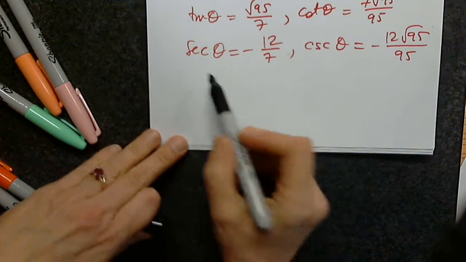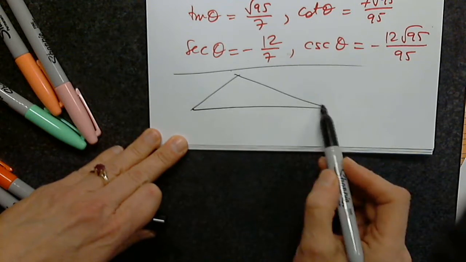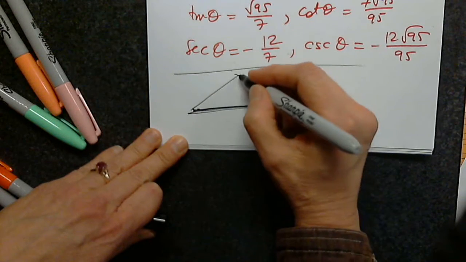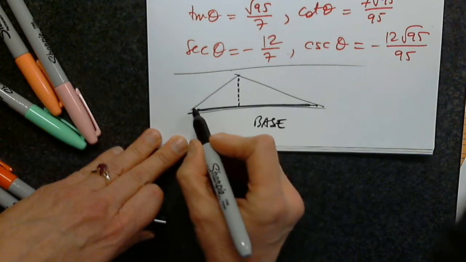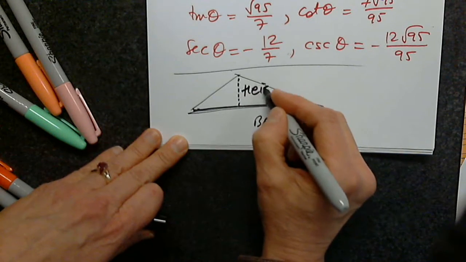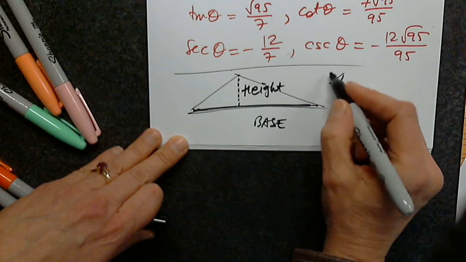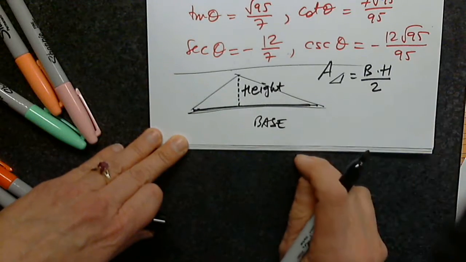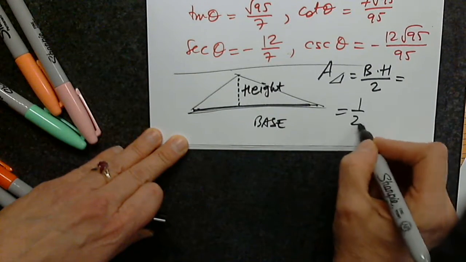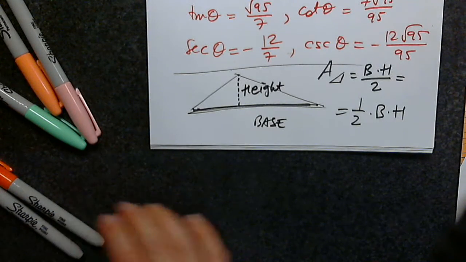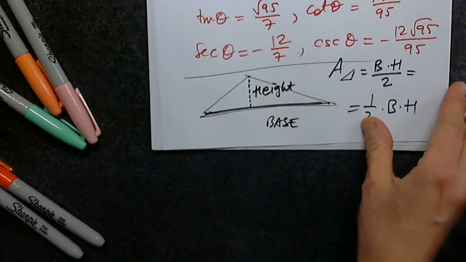If I have any type of triangle, and I'm given the base and the corresponding height, then the area of a triangle is base times height divided by 2, or 1/2 times the base times the height. That's one way, if the base and the height are given, or if I can determine them somehow.